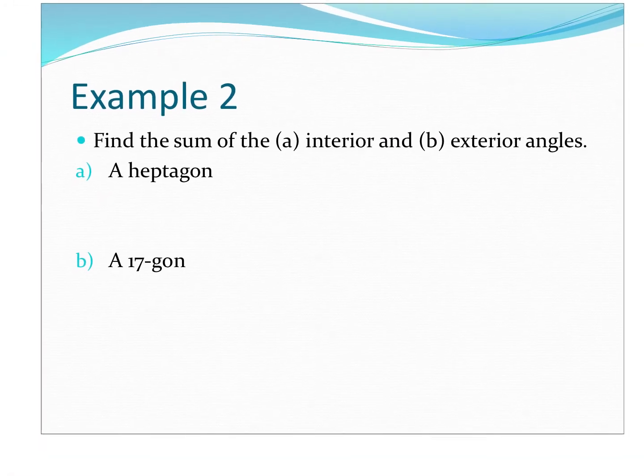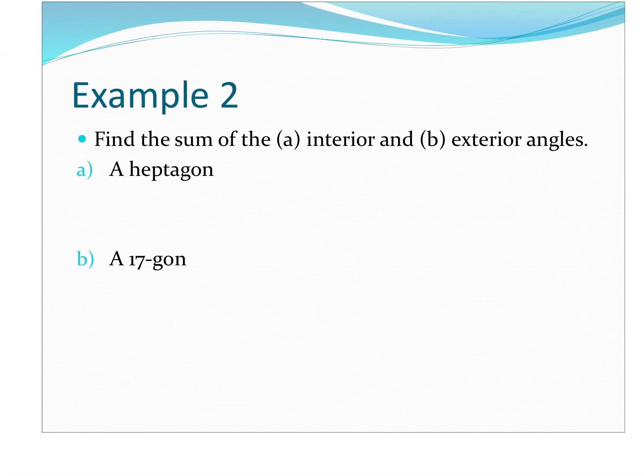So for example 2, it wants me to find 2 things here. It wants me to find the sum of the interior and then the sum of the exterior of both of these 2 polygon types. So for the interior angles, I'm using the formula n minus 2 times 180, where n is the number of sides in my polygon.